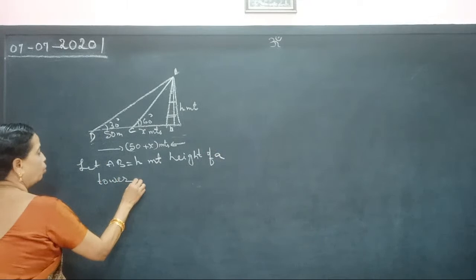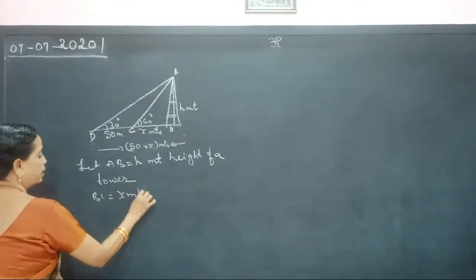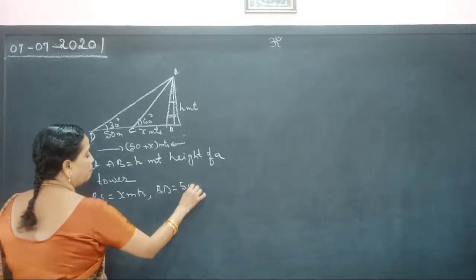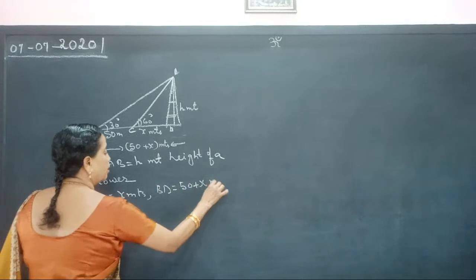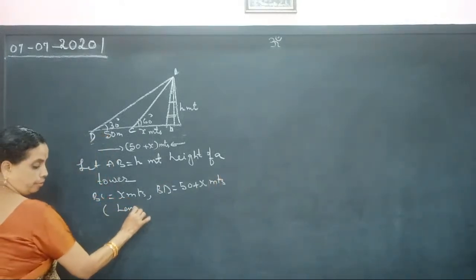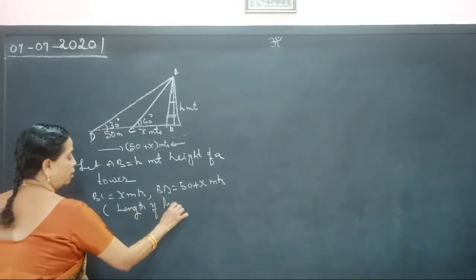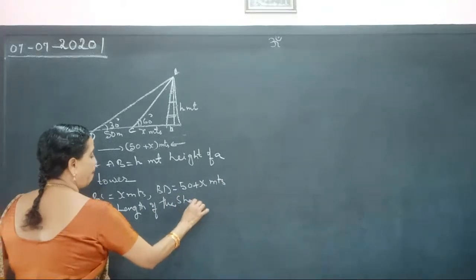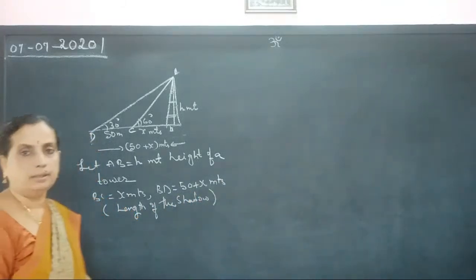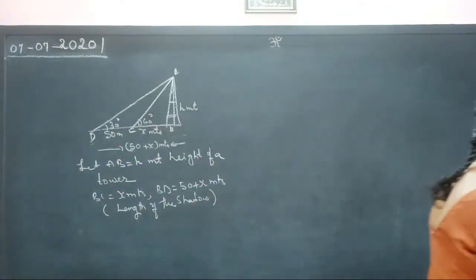That is unknown. BC equals x meter, BD equals 50 plus x meter. They are the length of the shadow. Then later include the other two angles.